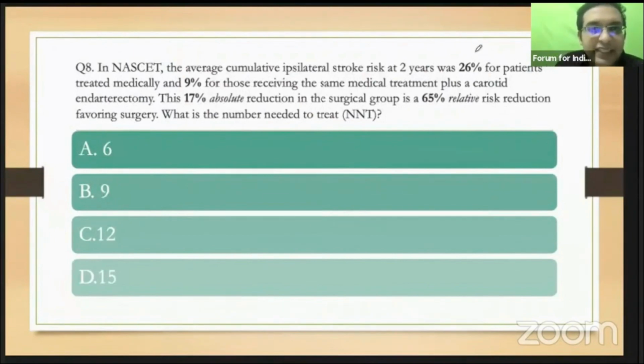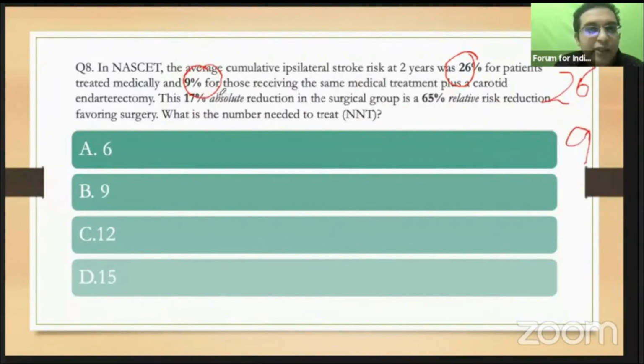So in the NASCET criteria, there was a comparison between patients medically managed, that is just with statin and antiplatelets, and patients managed with both medical therapy and carotid endarterectomy. We found that 26% of the patients who were medically managed developed stroke. Only 9% developed stroke in the carotid endarterectomy group.